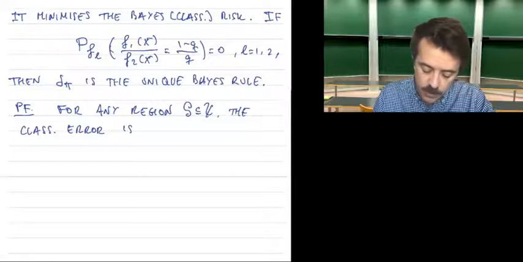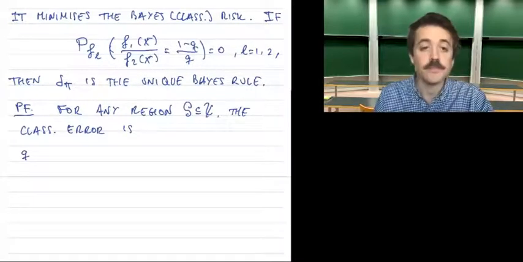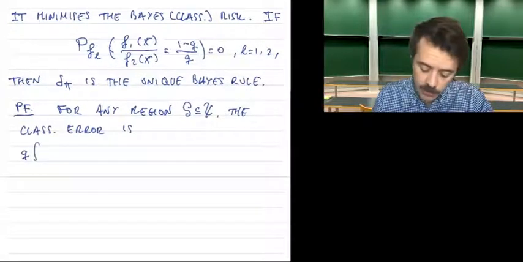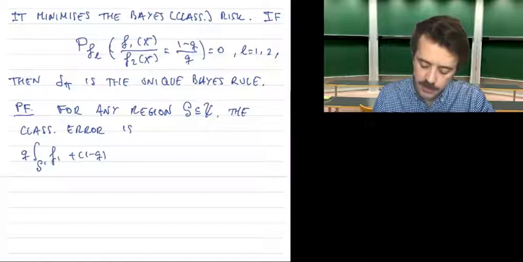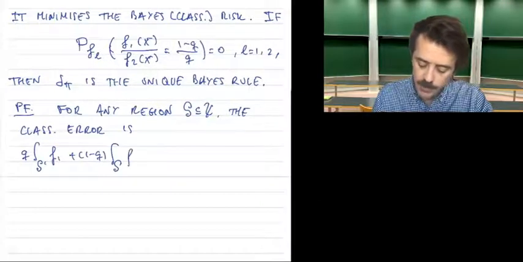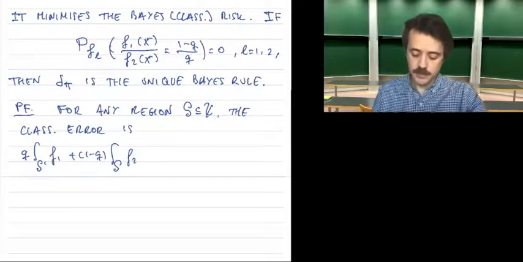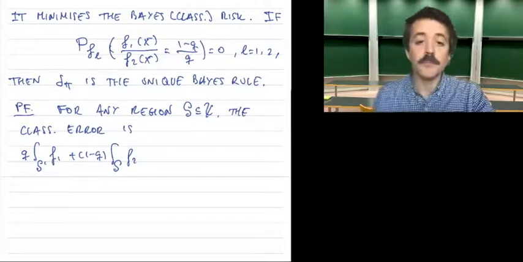We have this q, and the integral over the complement of S of F1, plus 1 minus q, and then the integral over S of F2. So this is misclassifying, I remind you.